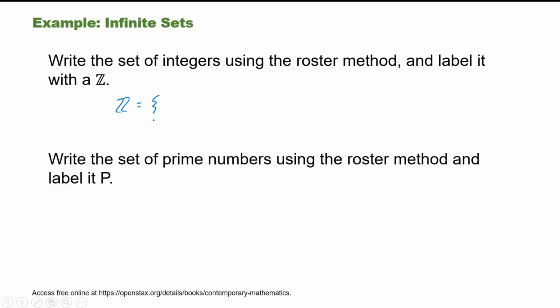Now, because we're listing this in the roster method and it continues decreasing, we will begin with an ellipsis, comma, -3, comma, -2, comma, -1, comma, 0, comma, 1, comma, 2, comma, 3. And at this point, or whenever we decide to stop, we realize it's going to continue. So then we say comma, an ellipsis, and end our brace.